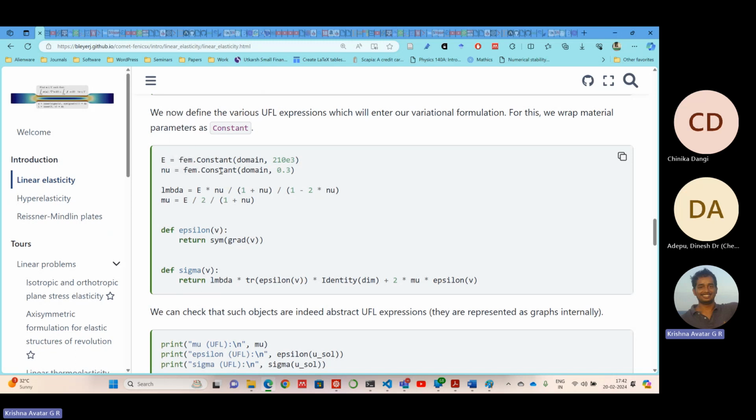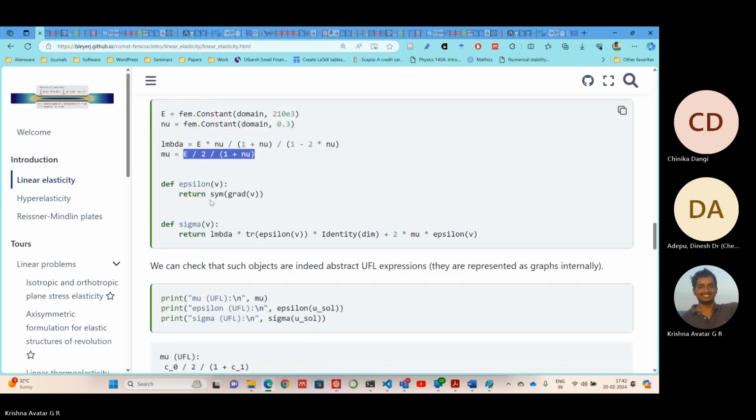It also takes fem.Constant, domain, and the value of 0.3, which means that it's a compressible medium that we are looking at. And then we are defining the Lamé parameters as lambda and mu in this form: lambda is E times nu divided by (1 plus nu) into (1 minus 2 nu). And mu is nothing but our shear modulus, which is E by 2 into (1 plus nu).